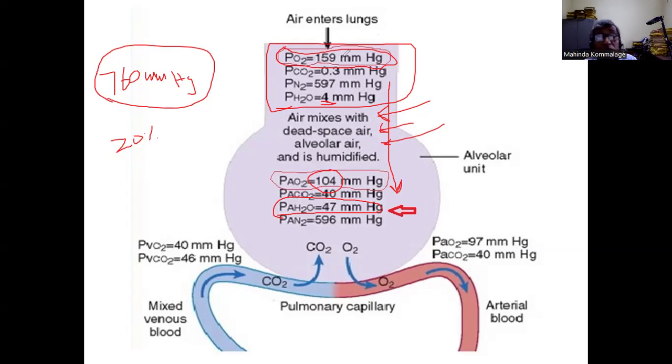Right. So then, what's the purpose of the alveoli? It's a simple question. Don't think too much. Why do we need alveoli? Exchange of gas. Yes, exactly. So oxygen should enter the blood in the alveoli, and carbon dioxide should come out from the blood.